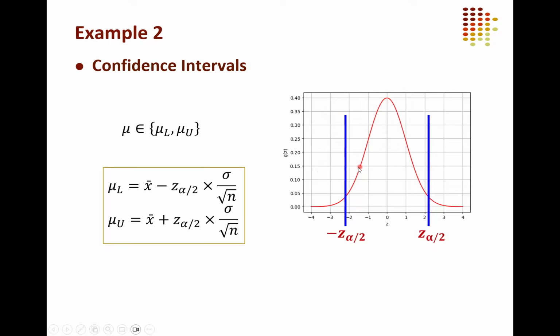So we can calculate the confidence intervals accordingly. For confidence intervals, we will use the relationship as explained earlier: x bar plus or minus z alpha by 2 times sigma by square root of n.